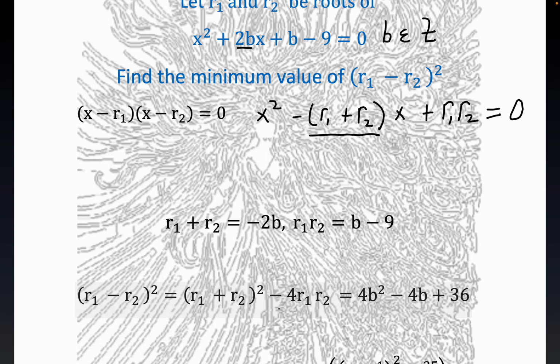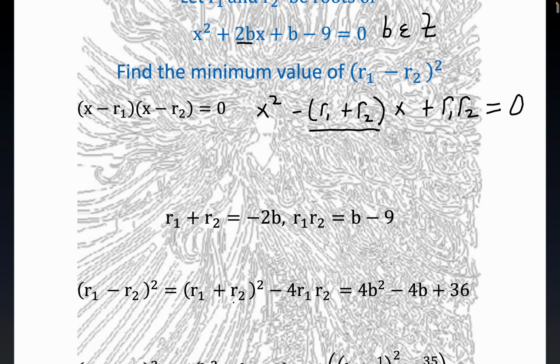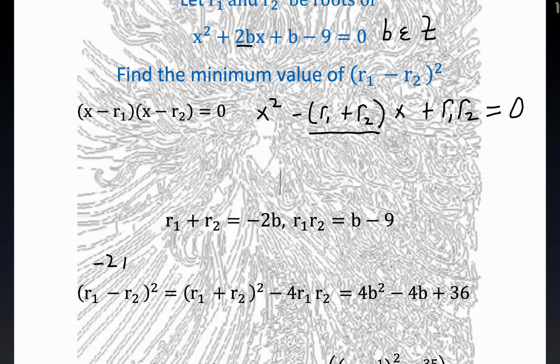So now another important result that allows us to take advantage of these assignments is that the difference squared is equal to the sum squared minus 4 r sub 1 r sub 2. The reason is that minus 2 r sub 1 r sub 2 is present when you expand this. It's very clear that minus 2 r sub 1 r sub 2 happens when you expand what we're looking for out.